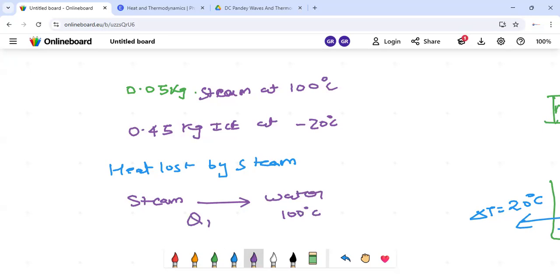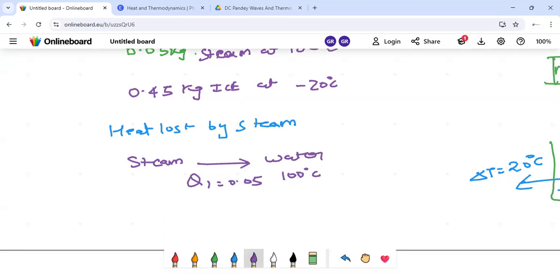So it will lose Q1 heat, and this Q1 is nothing but 0.05 into latent heat of vaporization, which in calories is 540. I think for that you'll have to convert the mass into gram. So you'll get 27,000 calories.